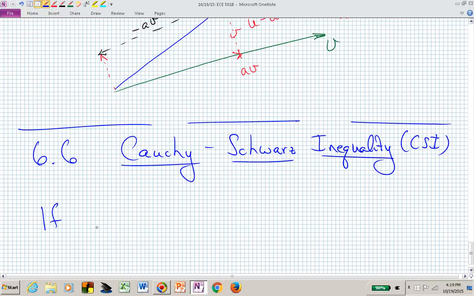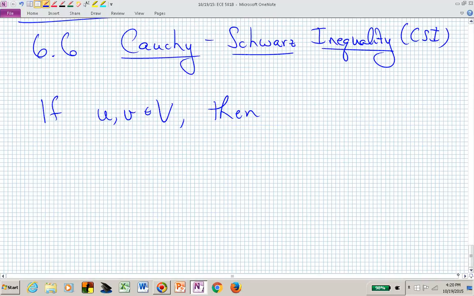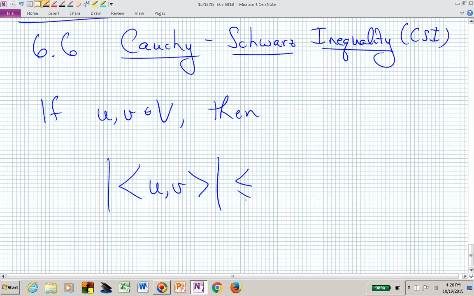If we have two vectors, u and v, that are in capital V, then we have the following relationship. We can say that the inner product of u and v, its absolute value, is bounded above, or is less than or equal to, the norm of u times the norm of v.